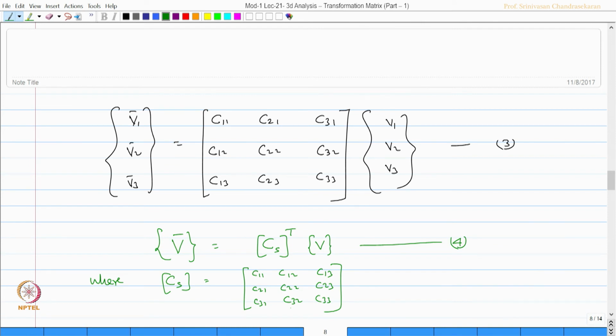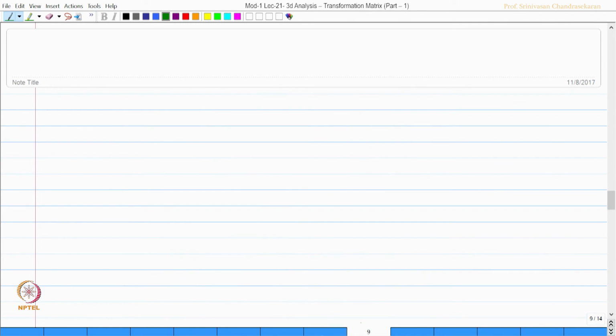Okay. Friends, interestingly it also verifies, you can verify this individually, that C S transpose matrix is the same as C S inverse. I call this as equation number 4 5.